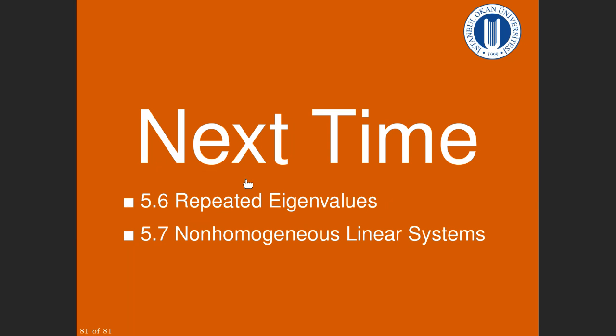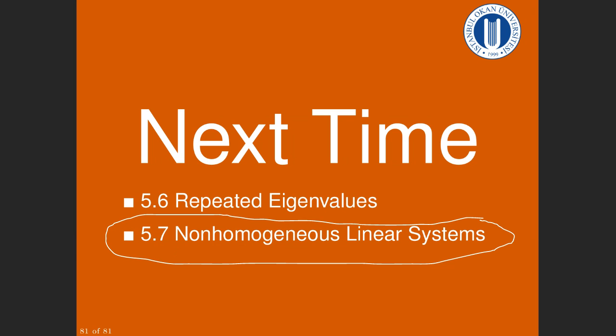But that's quite lengthy, so I've just called it repeated eigenvalues. And then in the final section, which is perhaps quite a tricky section, we're going to be studying non-homogeneous linear systems. And I would say section 5.7 is one of the hardest sections in this course.